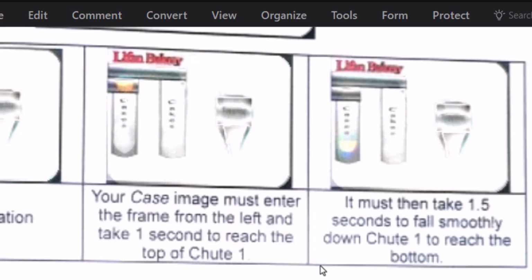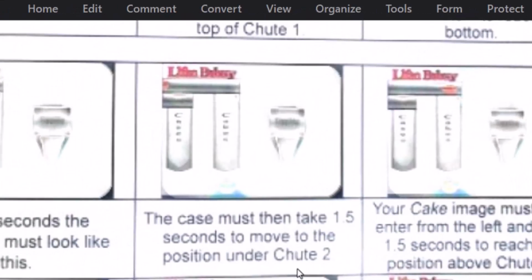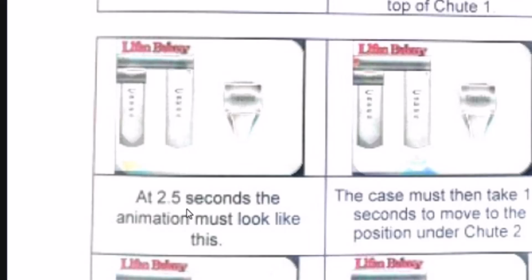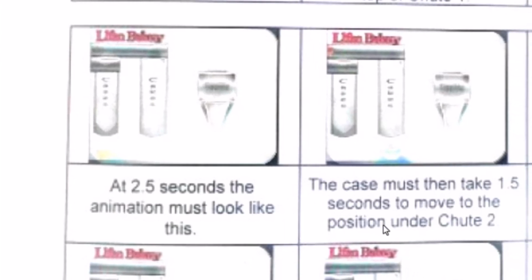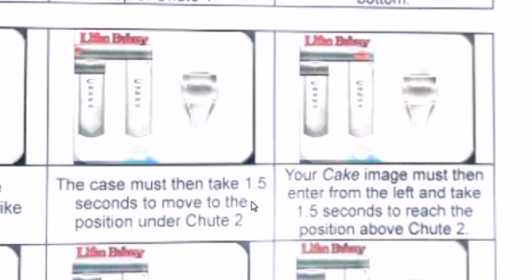So that makes a total of 2.5. At 2.5 seconds, which is the total we have so far, the animation must look like this. The case must then take 1.5 seconds to move to the position under chute 2, and that makes 4 seconds so far.